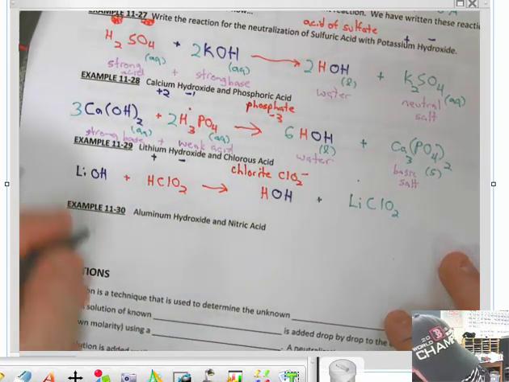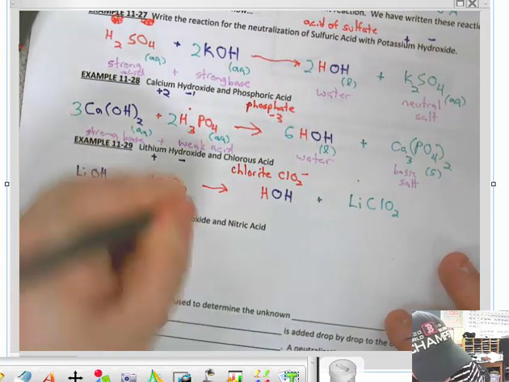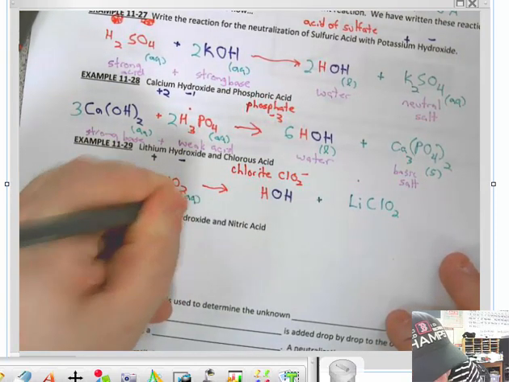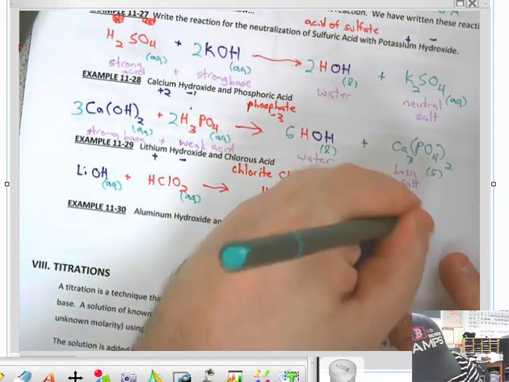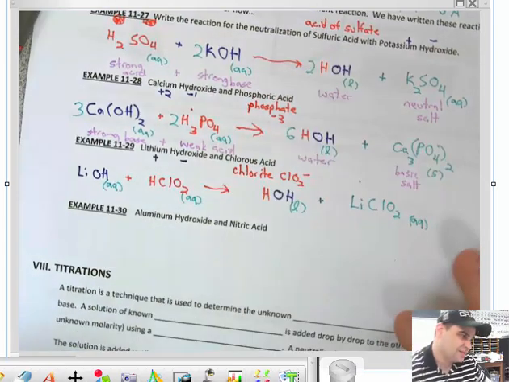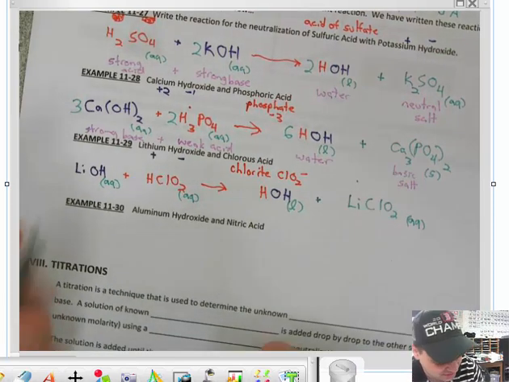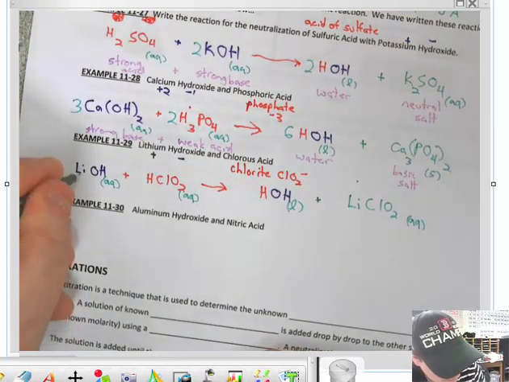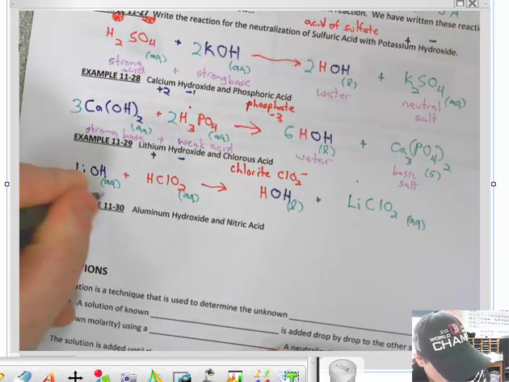That's good too. Lithium hydroxide is soluble. That's an AQ. We know all acids are AQ. Water is a liquid here. And since this has lithium, this would be an aqueous salt. Okay? So now if we look at the strengths of our acids and bases here, lithium hydroxide is a strong base.